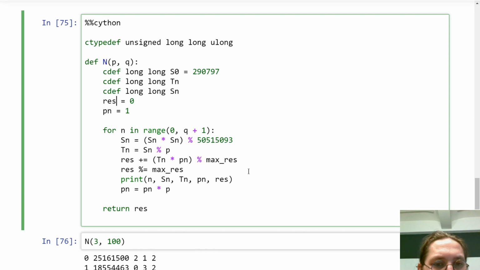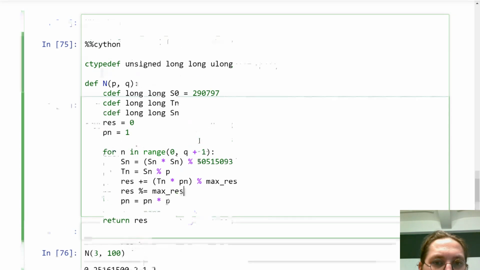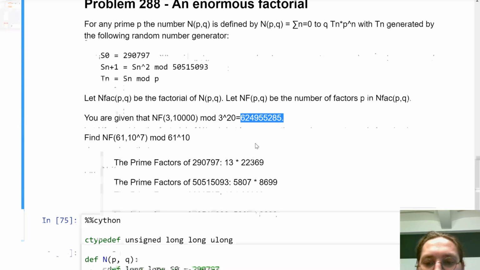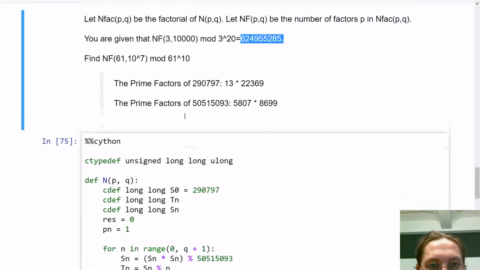Do we agree that it maybe makes sense to first see if we can reproduce this number? Yes. This number is resulted by nf, not n. So maybe we can make a function now to calculate nf.